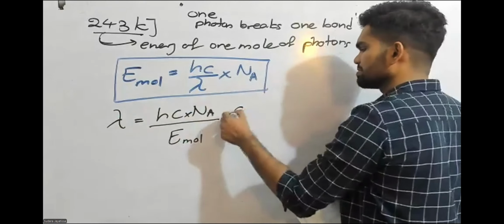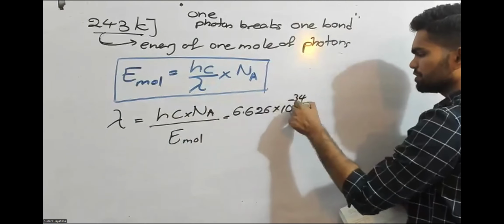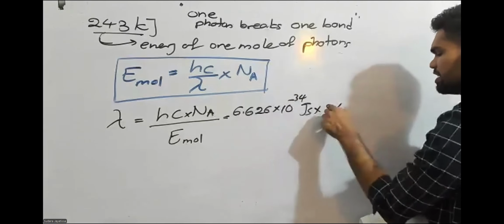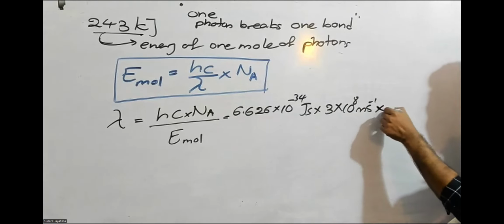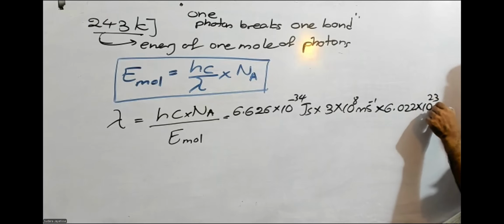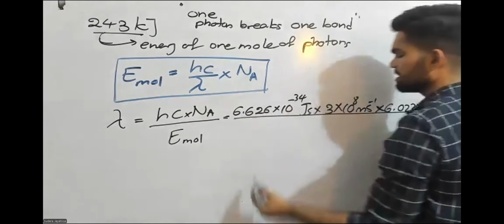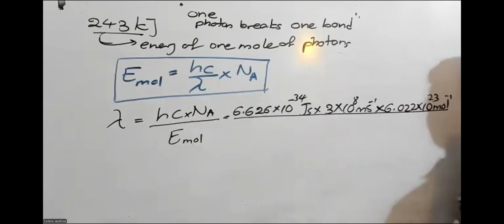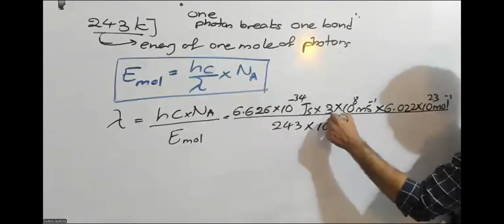Then simply substitute 6.626 into 10 to the power minus 34 joule seconds, 3 into 10 to the power 8, this is the speed of light, and then Avogadro constant 6.022 into 10 to the power 23 per mole. And then divide this one. Energy of 1 mole of photons is 243 into 10 to the power 3 joules.